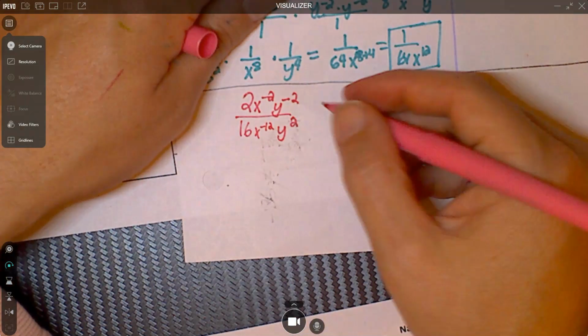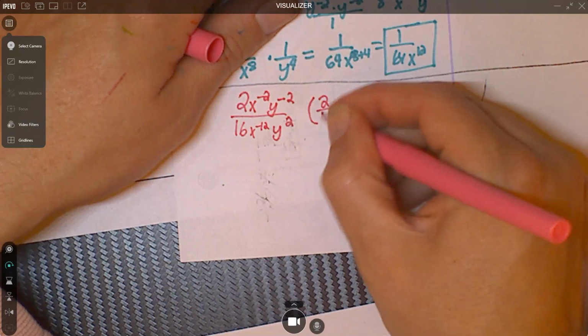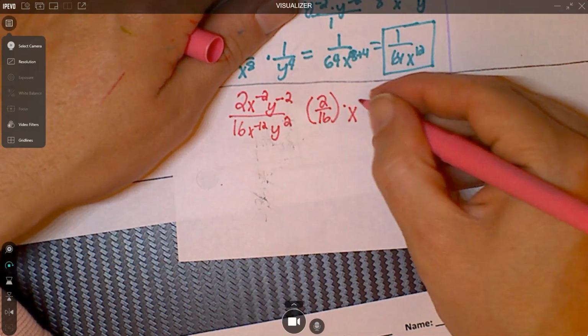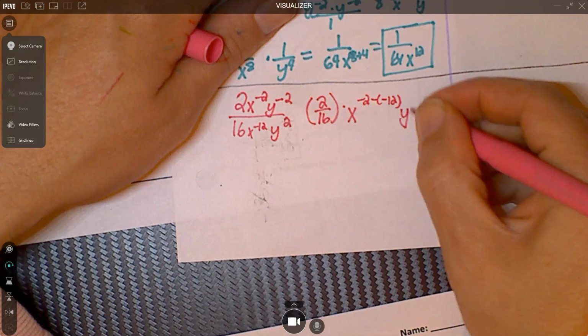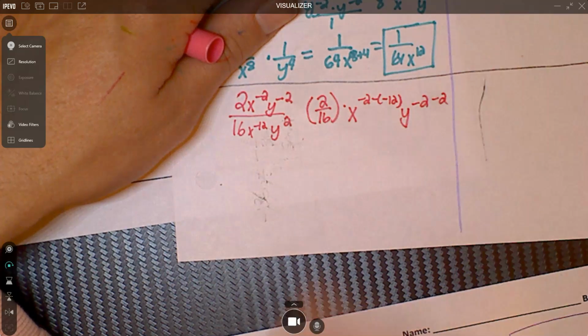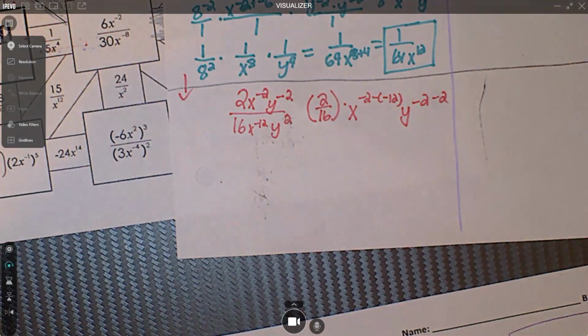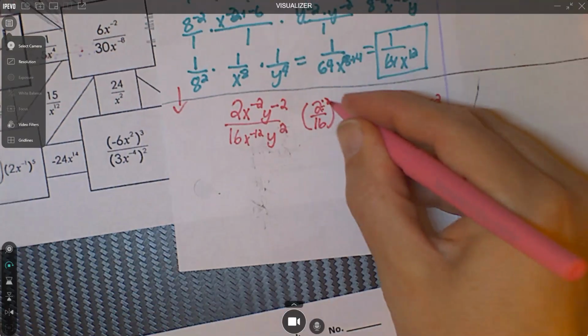So we're doing 2/16 times x to the negative 2 minus negative 12, y to the negative 2 minus 2. So it's kind of like when we multiply, we put them in a different set of parentheses. Well, same thing here. It's 2/16. Hey, that's 1/8.